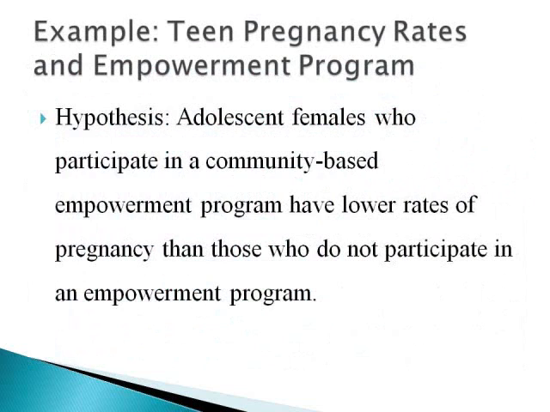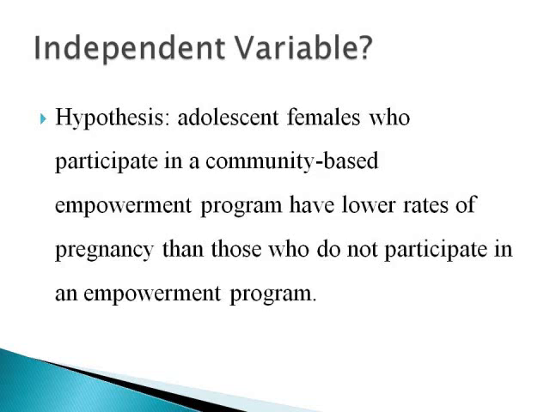All right, for our made-up study here, we have a hypothesis. Adolescent females who participate in a community-based empowerment program have a lower rate of pregnancy than those who do not participate in an empowerment program. What is the independent variable here?